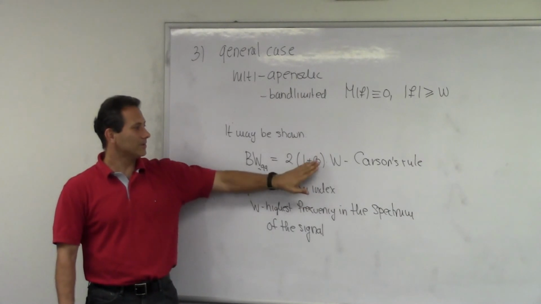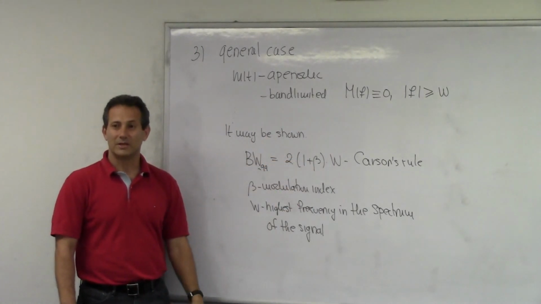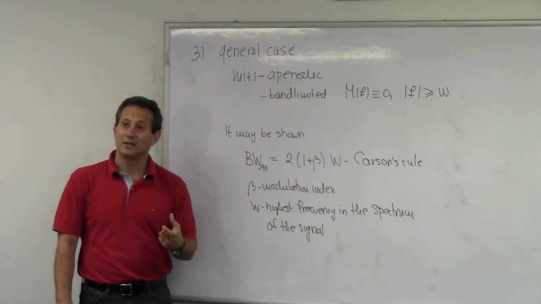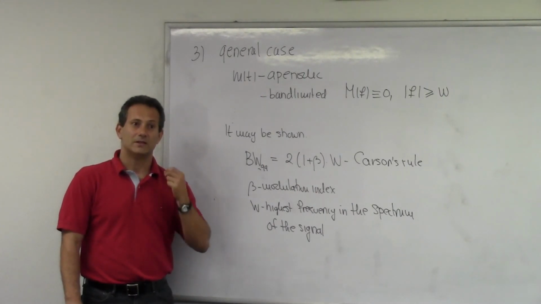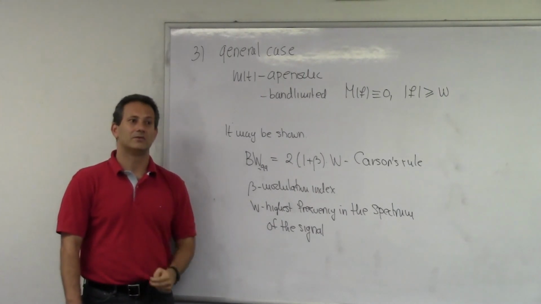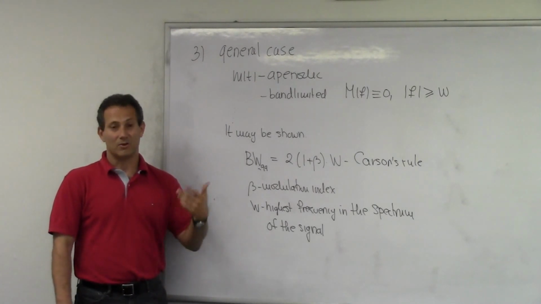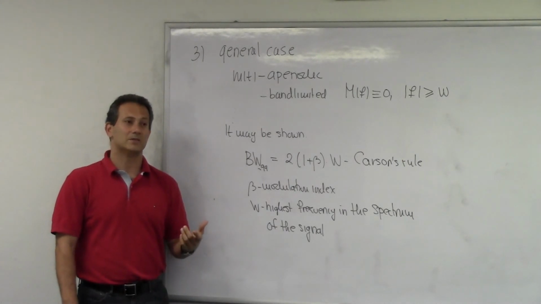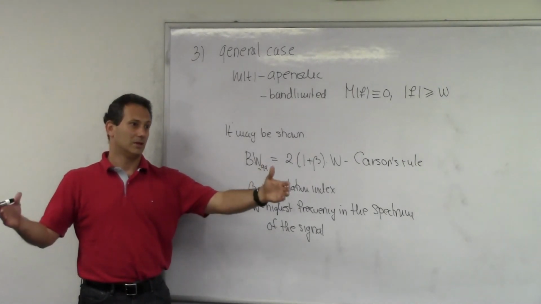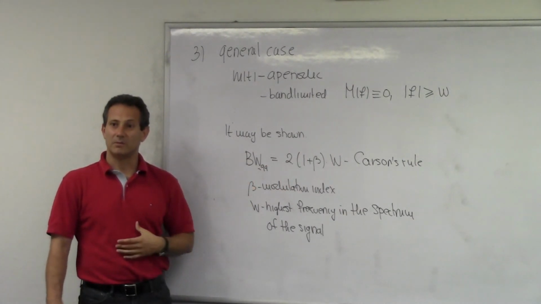I get that bandwidth only when beta is equal to 0. So an FM modulated signal is always going to have a bandwidth that exceeds that of double sideband AM. And we already talked that in some applications we regard double sideband AM as inefficient because it sends 2 sidebands, each one of them carrying the same information.